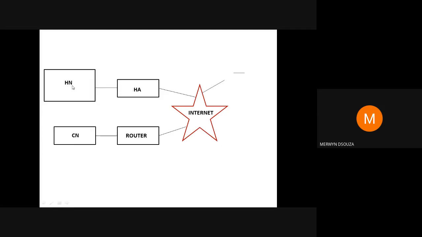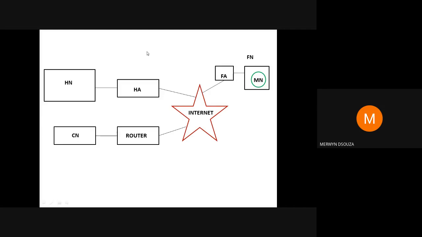So when a MN goes from a home network to a foreign network, its first job is to find a foreign agent. So that process of finding a foreign agent is known as agent discovery. There are two ways of doing that agent discovery: agent advertisement and agent solicitation.